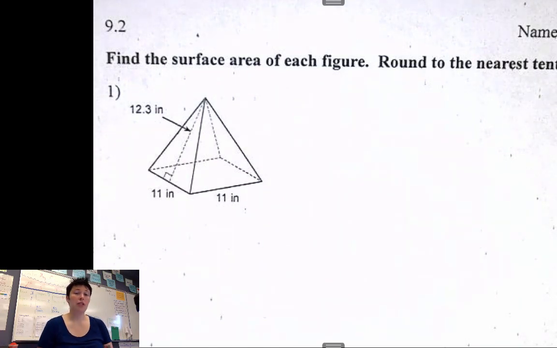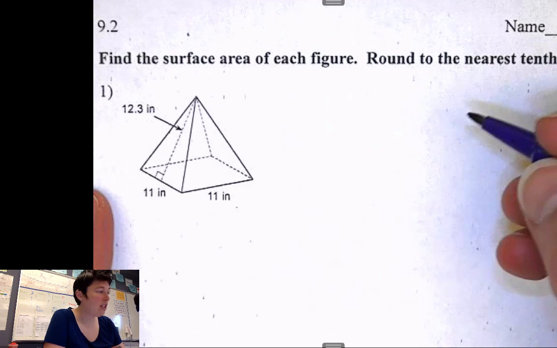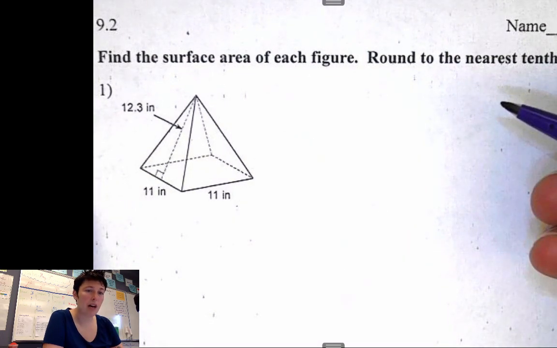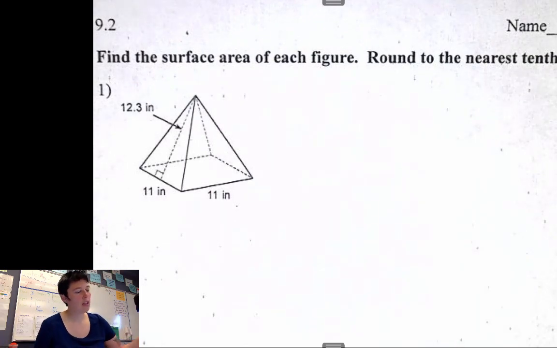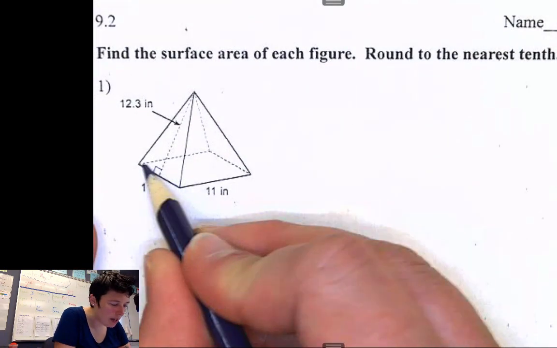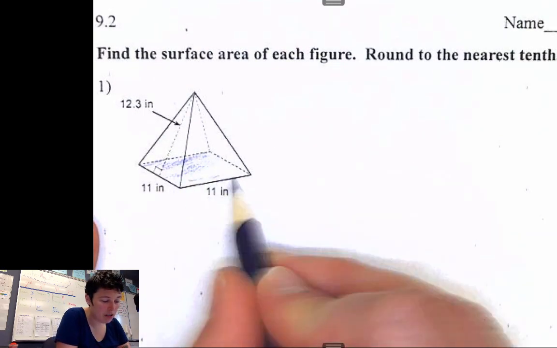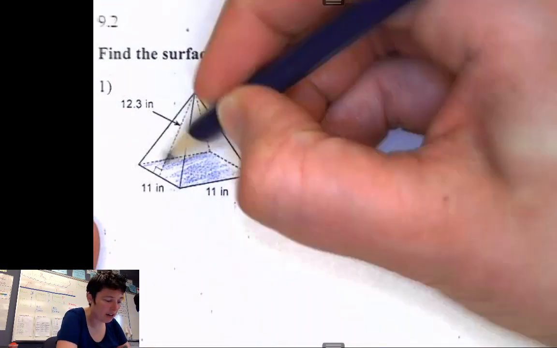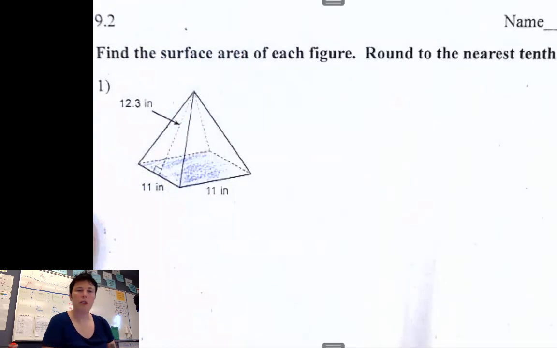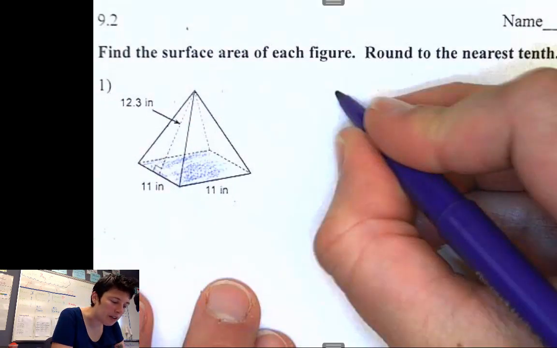Okay, so we are going to find the surface area, and we're going to find the area of each individual face. Let's start with the base of the object first. I'm going to take a colored pencil and shade the base, which looks like it's in the shape of a rectangle, or in this case a perfect square actually. I'm going to sketch the base over here.